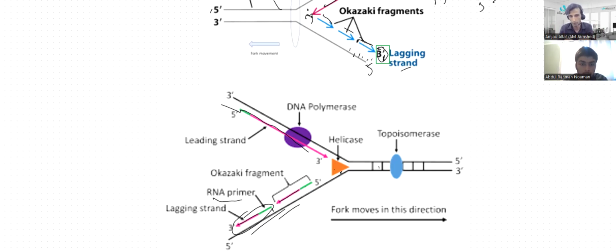So primers will be disintegrated, and at the end you will see the daughter strand will be continued like that. There's no difference between the leading strand and lagging strand, but this is just during the process of replication. Once the fragments are ligated with each other, there will be no difference. The new strands on both sides are quite similar.